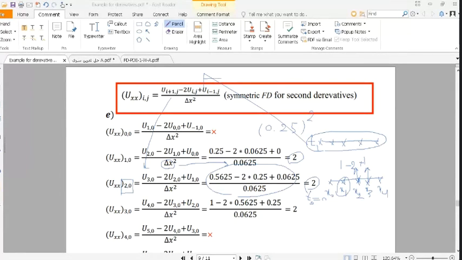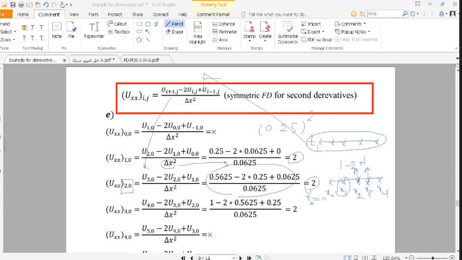Yes? Miss Sima, can you hear me? Do you understand your mistake? Please see your solution. uxx 0 and 1, okay? You write u11 minus 2 u0 and 1 plus u0 and minus 1.